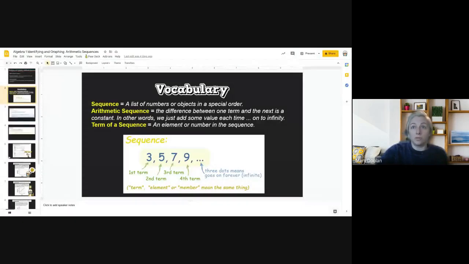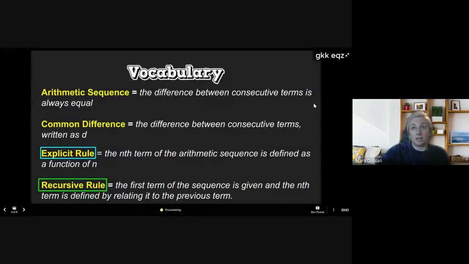In other words, we just add some value each time onto infinity. That's exactly what that says here too. So this goes on forever, where the common difference is basically what you're adding each time. The common difference is the difference between consecutive terms.